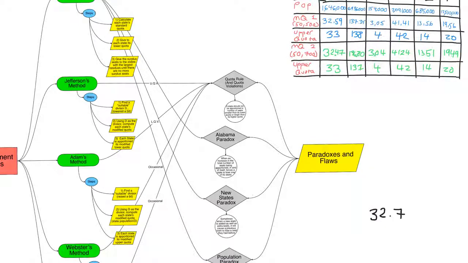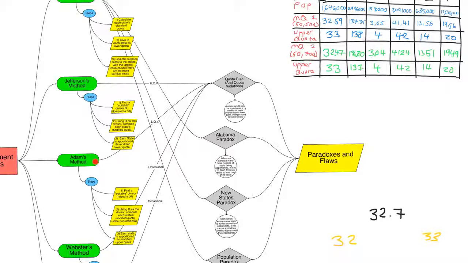If that's the case, then the lower quota is 32, and the upper quota is 33. So according to the quota rule, whichever state has a modified quota of 32.7, they should definitely not get less than 32 seats, and they should not get more than 33 seats.